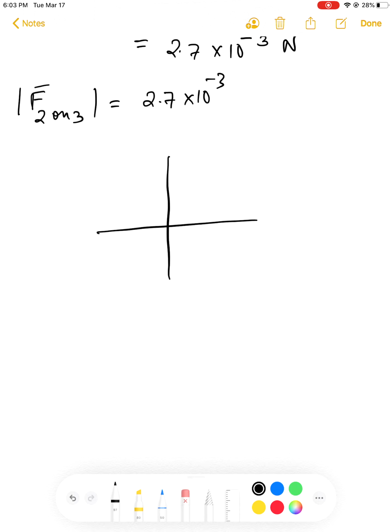You have X, you have Y, you have one force that's going like this, you have another force that's going like this. We want to know the angle, right? You want to know the angle theta here, and you want to also know the angle theta here. Well, you can call them theta 1 and theta 2.